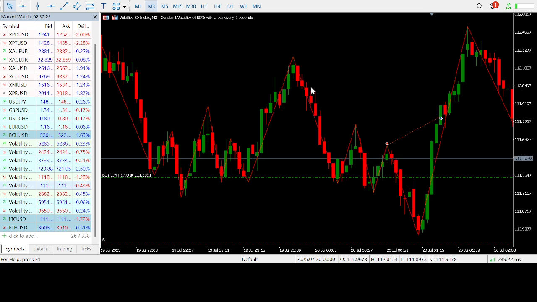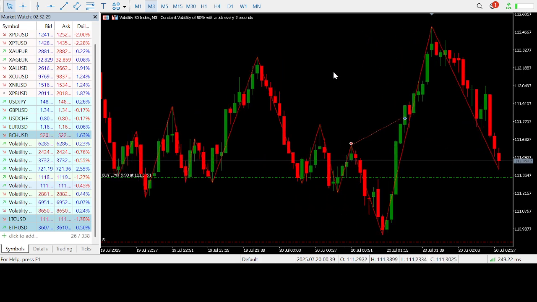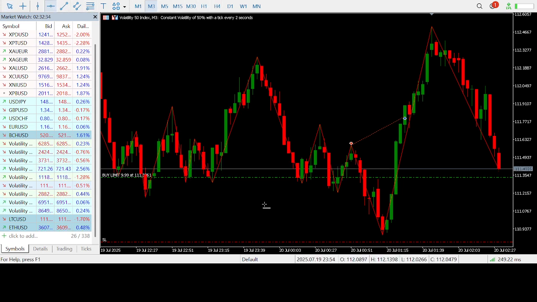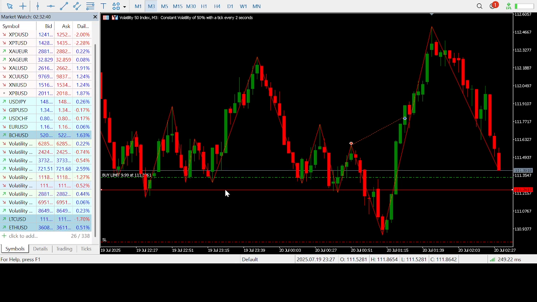Now the interesting part of it, can you consider this? There are other strategies that I use for liquidity. See here how it swept liquidity. All these are liquidities, right?